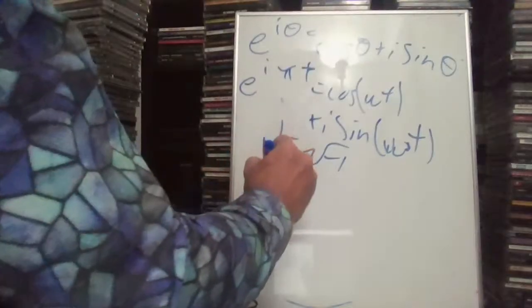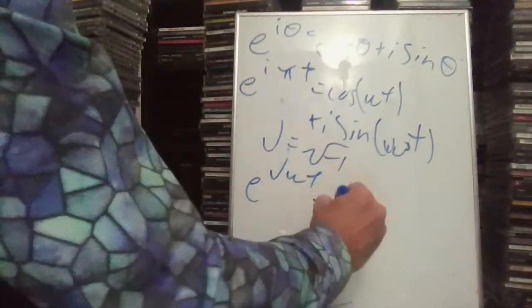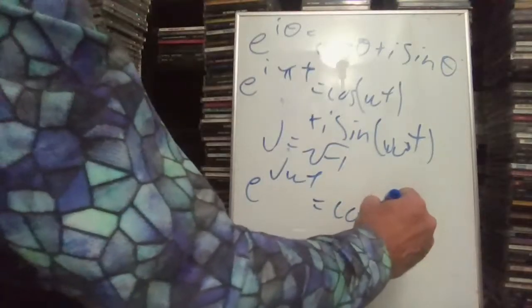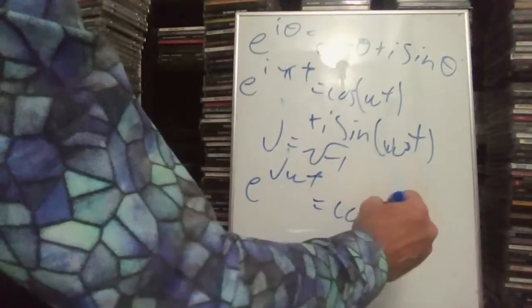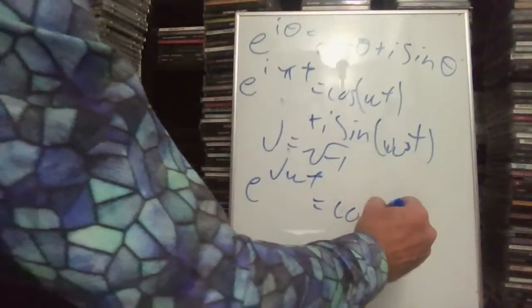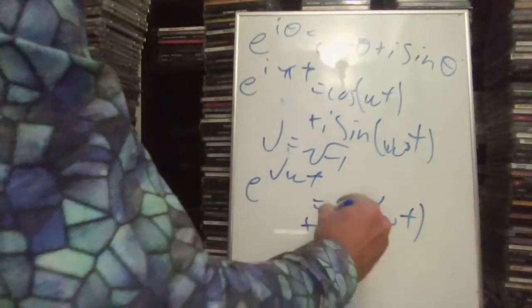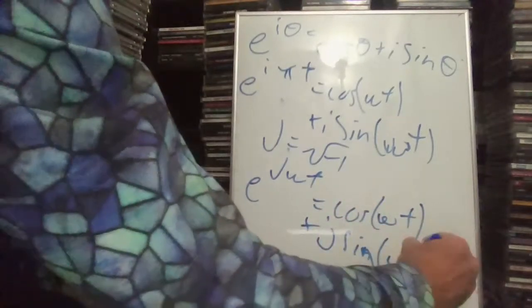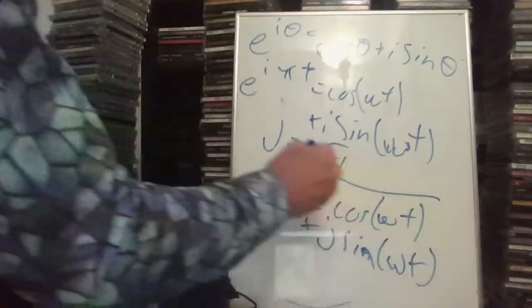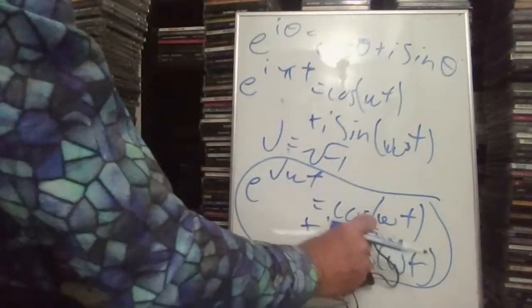E to the J omega T equals cosine omega T plus J sine omega T. And that's the functional version of Euler's theorem that's used in engineering.